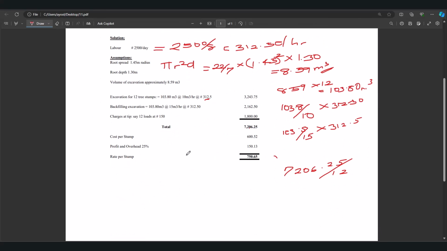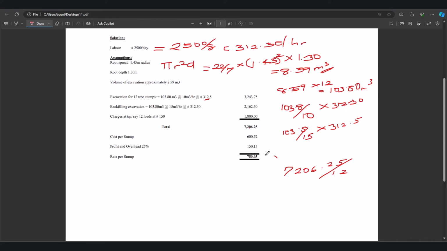Now, let's assume the executives have met and they agree on a 25% profit and overhead value. So 25% of 600.52 is 150.13. Adding 600.52 plus 150.13, we get 750.65.